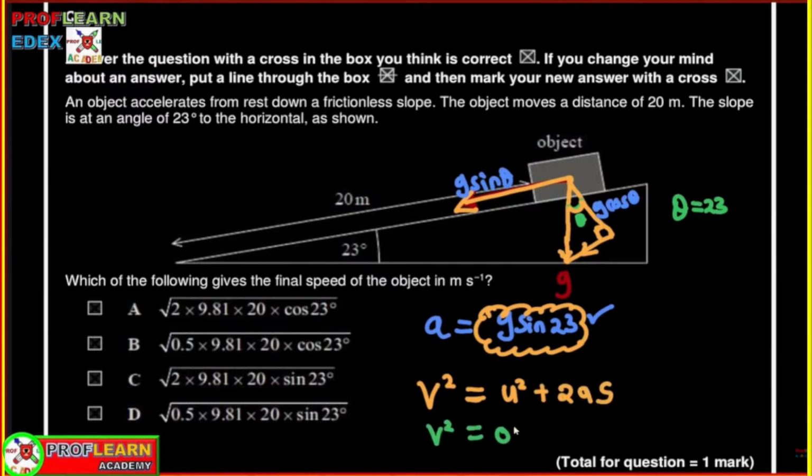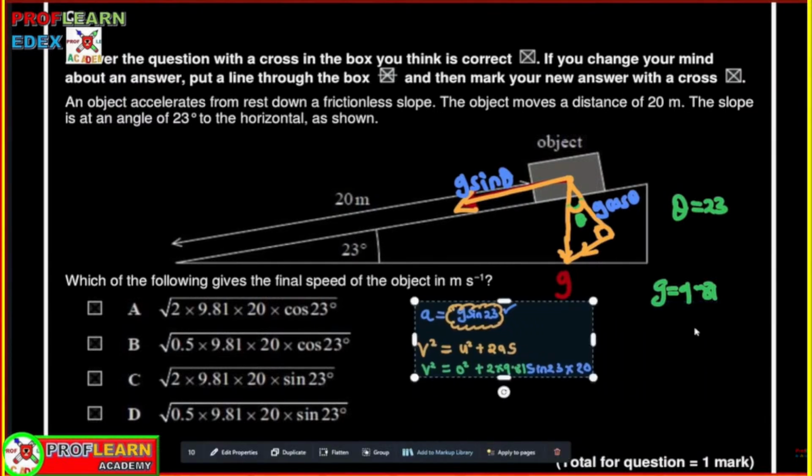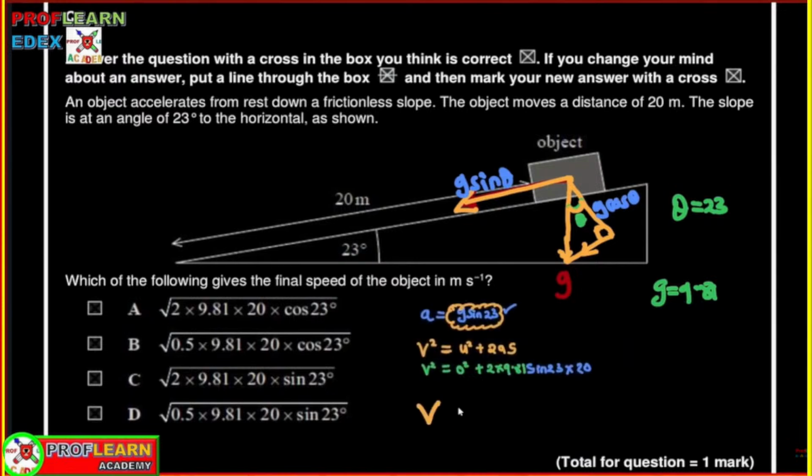So we can substitute the values, and remember the object was moving from rest, so the initial velocity was 0. If we substitute everything that we have in this case, and then let me move this a little bit so that I can have enough space, we take the square root of both sides so that we can find the value of v.